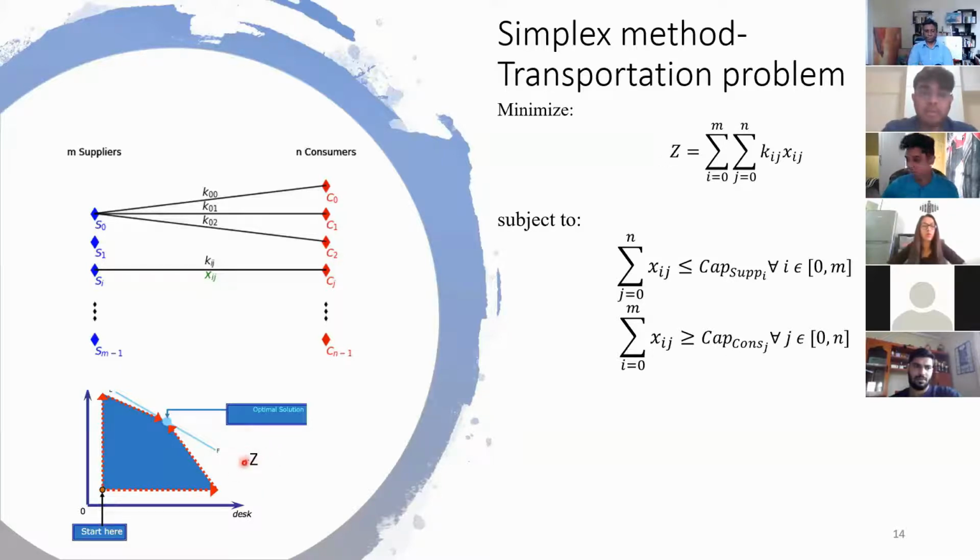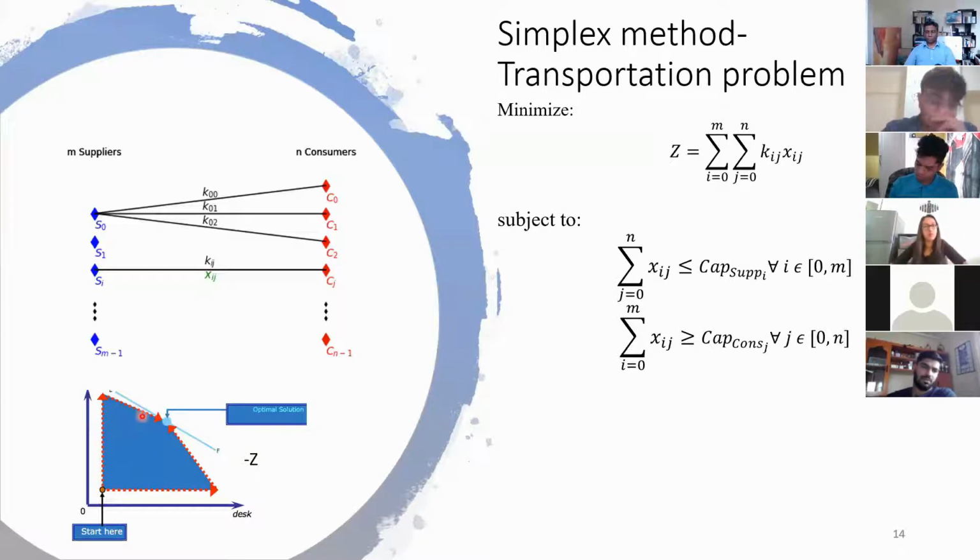And obviously this corresponds to the largest extent to which z is minimized. And so the simplex algorithm would move along the direction that sees the largest decrease in the objective function value. And it is implemented iteratively until the optimal solution is reached.